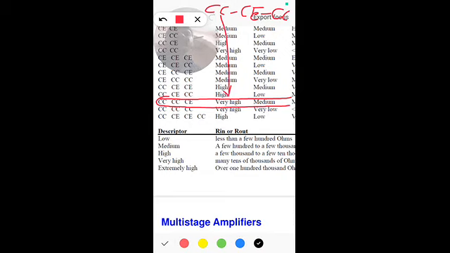RI is very high, and the output impedance of the second stage is medium, and it is combined with the very low output impedance of CC. Output impedance of CC is low and CE is high, so we are going to get an output impedance that is medium.